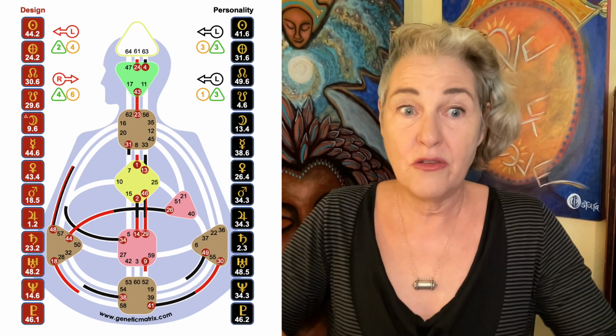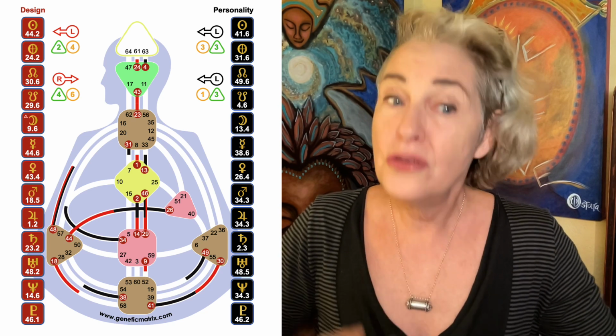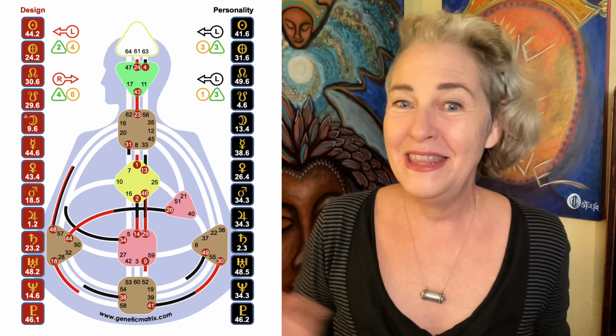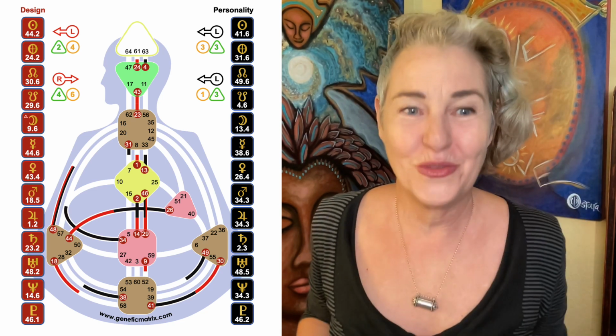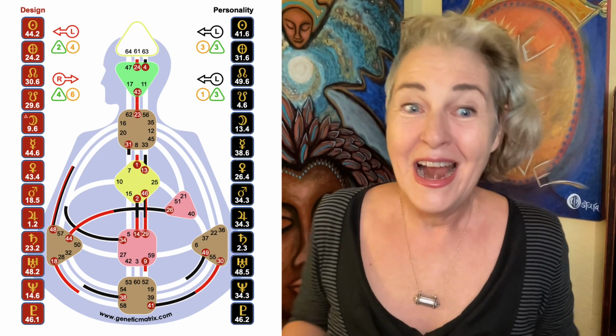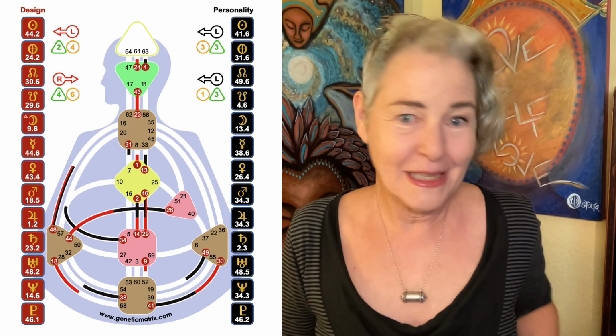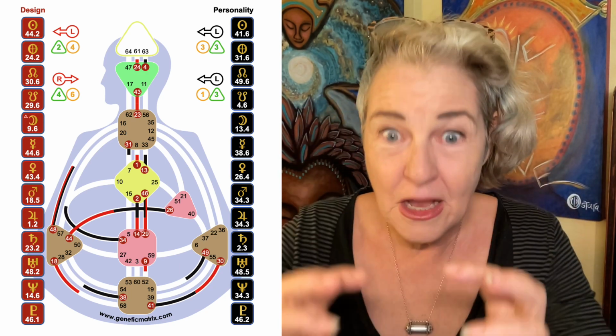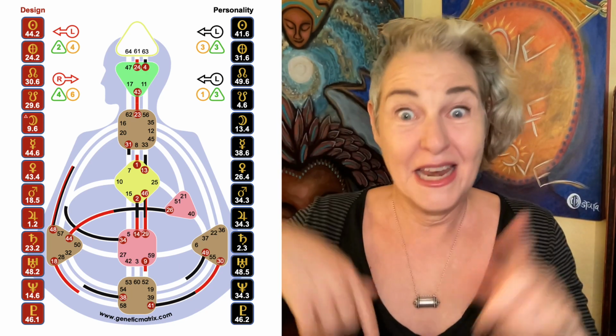There's 2 channels that go from that sacral to the G center. So those are connected to each other. And then you've got this will over here and the spleen, like we saw in a previous one, right? Those are connected to each other. And then you've got the emotional solar plexus over here and the root, and they're connected to each other. But she's got 4 different constellations that are not connected to each other.